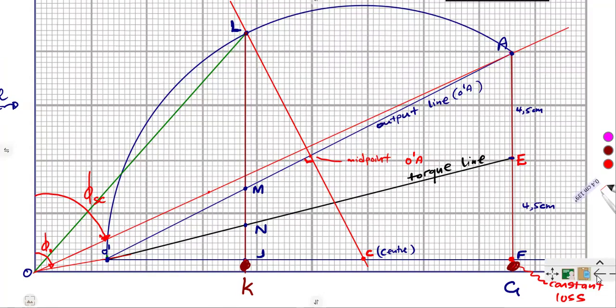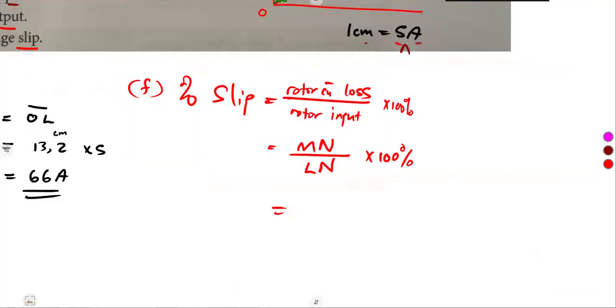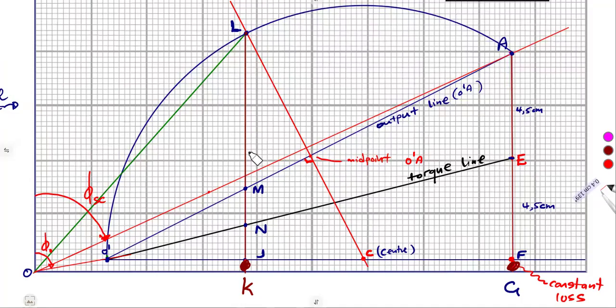So guys, use what you're getting from your measurements. That was 1,5 over LN. From L to N, we talked about LM before. LM is 6,3, and this one is 1,5. So 6,3 plus 1,5 gives us 7,8.